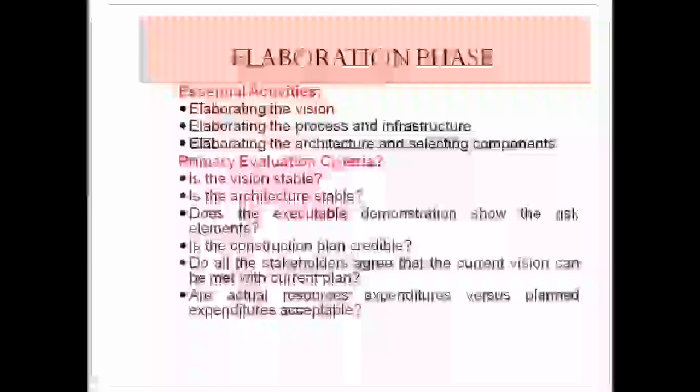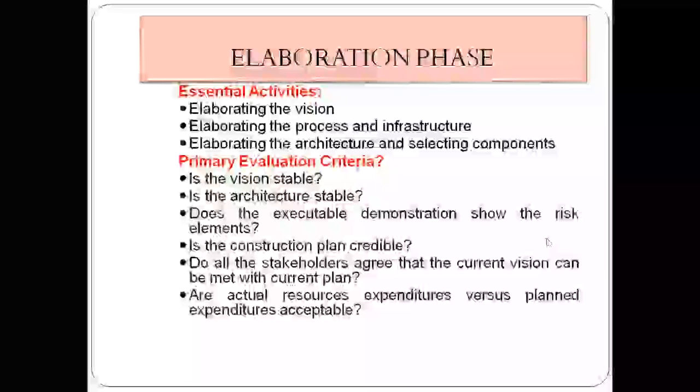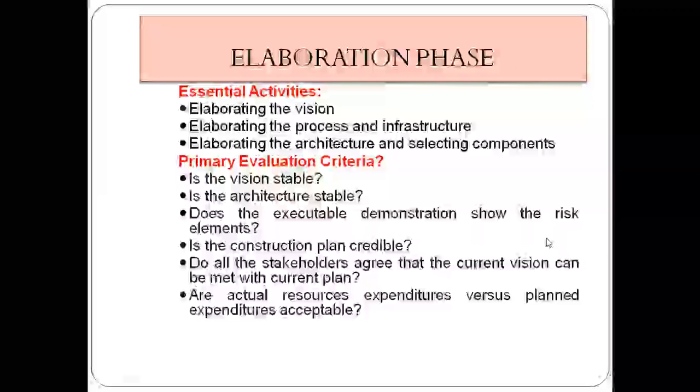Then they will check whether the construction plan we have made is sufficient and backed up with a basis of estimate. And all the stakeholders should agree on the current vision and whether they can meet the current plan we have made based on the architecture.